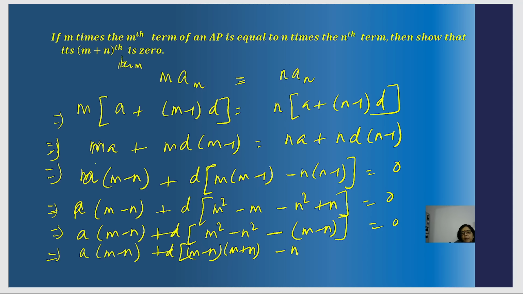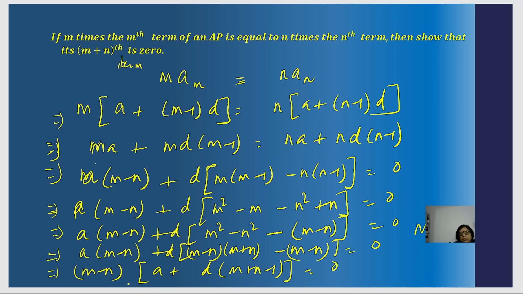So from these two terms, we can easily take out m minus n common, and we will be left with a plus d into m plus n minus 1 is equal to 0. Now looking at these two factors of this expression, either of them must be equal to 0 in order that this expression becomes 0. So either we can get this factor as 0 or that factor as 0.